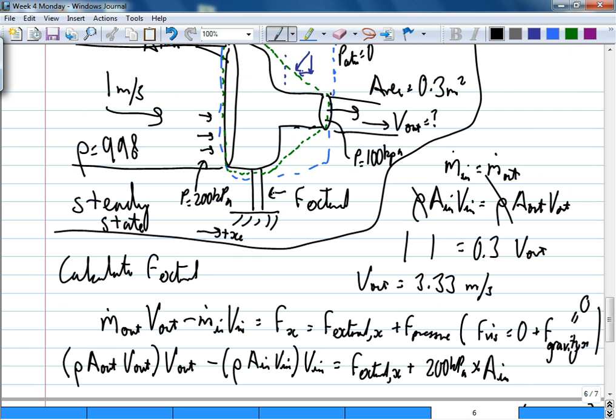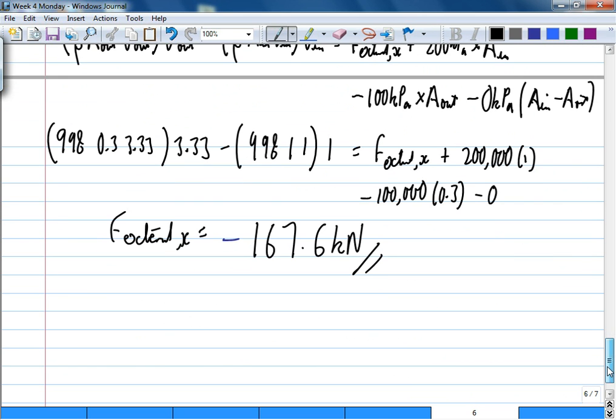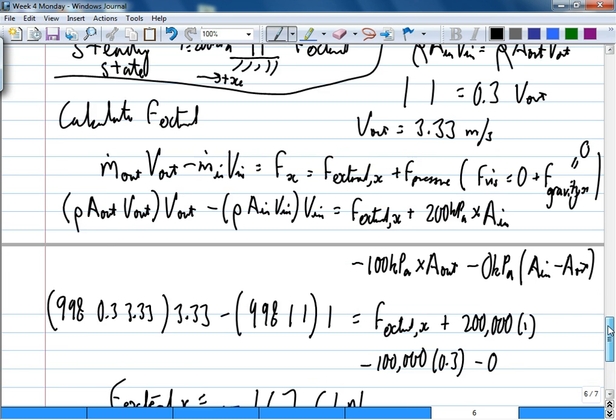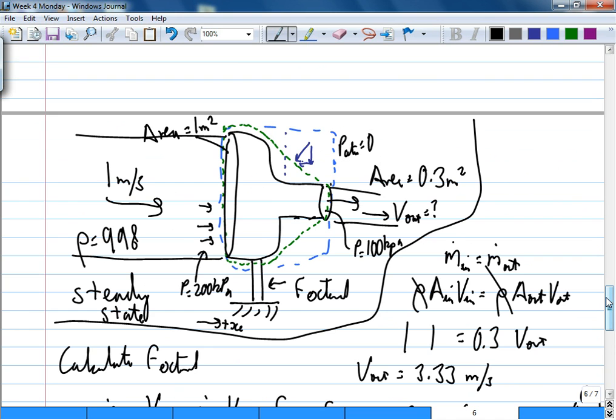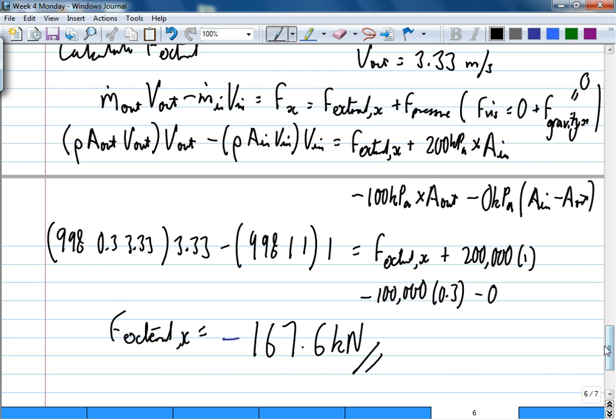Even if I neglect this side, this one will be very negative in the end. So the pressure is pushing my control volume to the right, and my external force has to hold it back in place, otherwise my control volume will start accelerating away. But if you look at this part here alone, it's positive, isn't it? This one is bigger than this one. Correct or not?